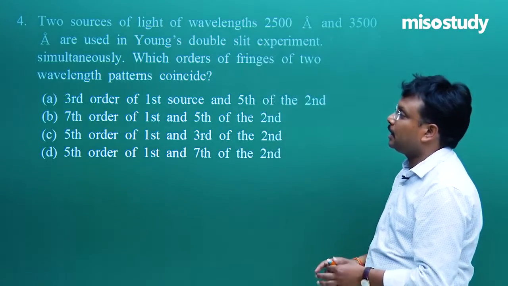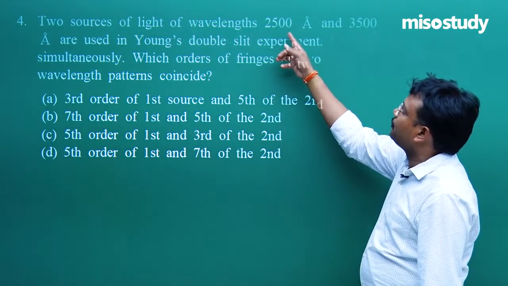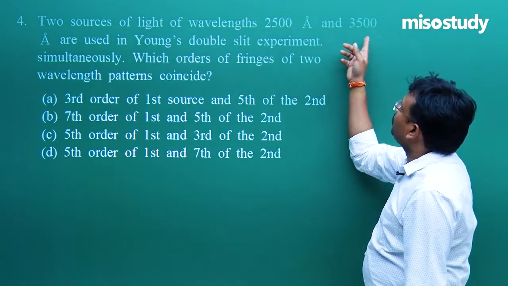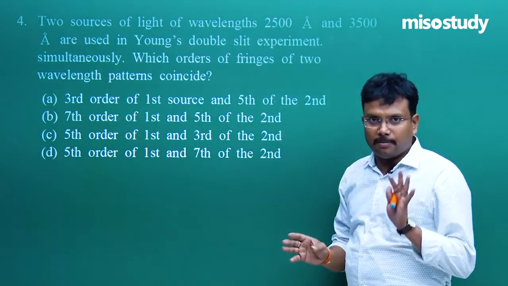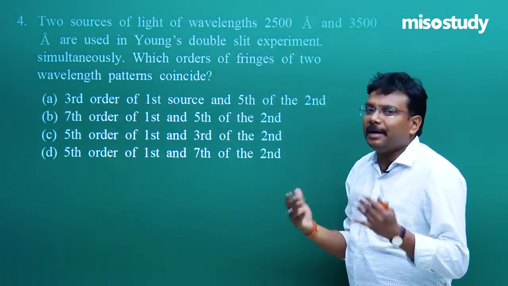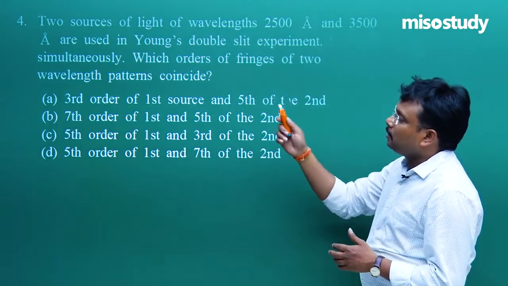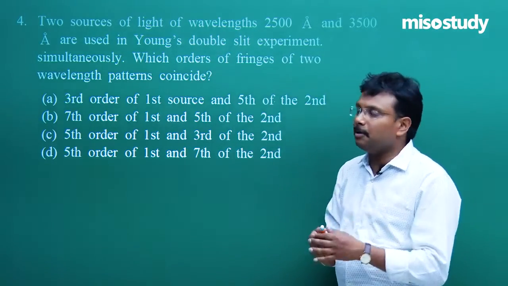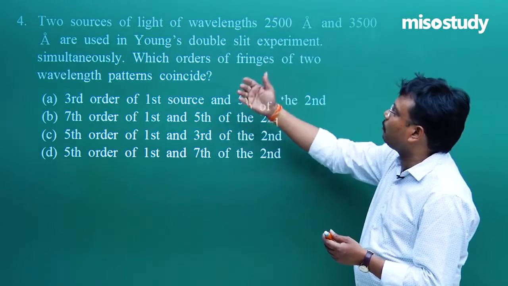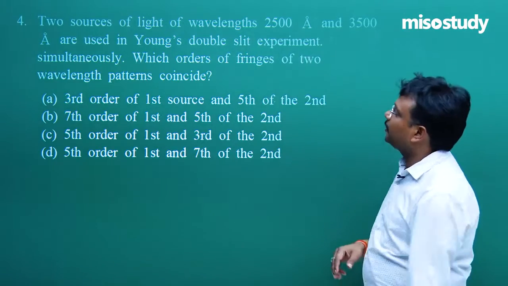Let's try to understand. Two sources of light of wavelength 2500 angstrom and 3500 angstrom are used in Young's double slit experiment. You can say two setups have been created. Because it is mentioned simultaneously, two setups means you perform the experiment using this wavelength, and next time using this wavelength.